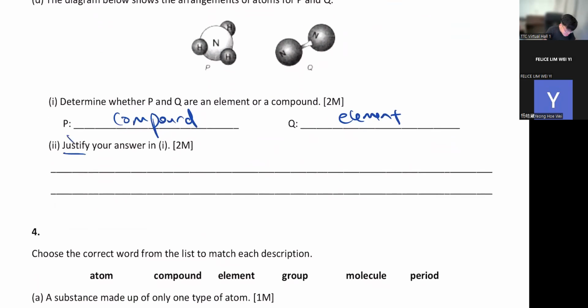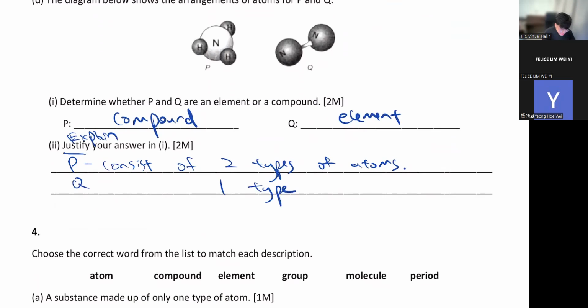Justify means you explain why, because P consists of two types of atoms. Same answer. So Q is one type.